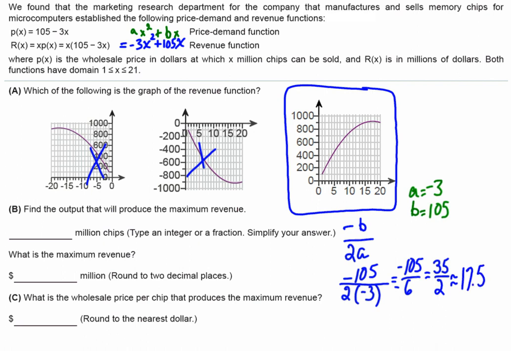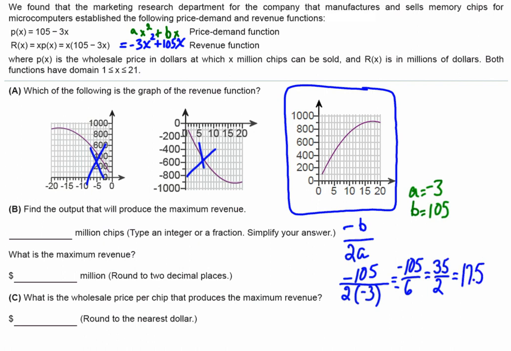17.5. So let me clarify. I said approximately 17.5, but it is actually equal to 17.5.